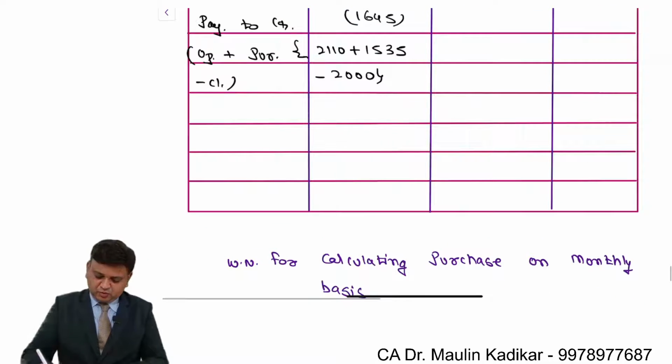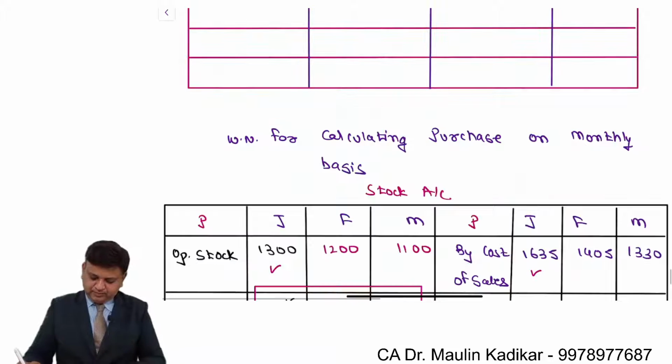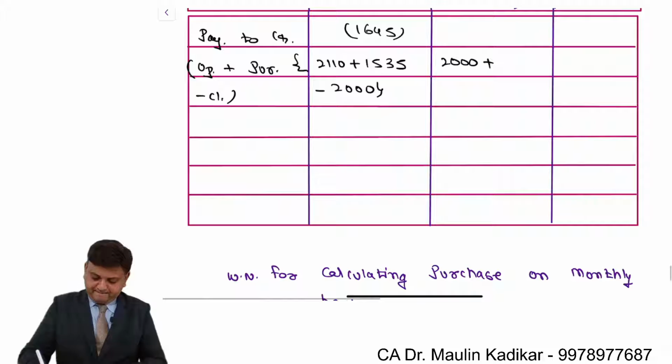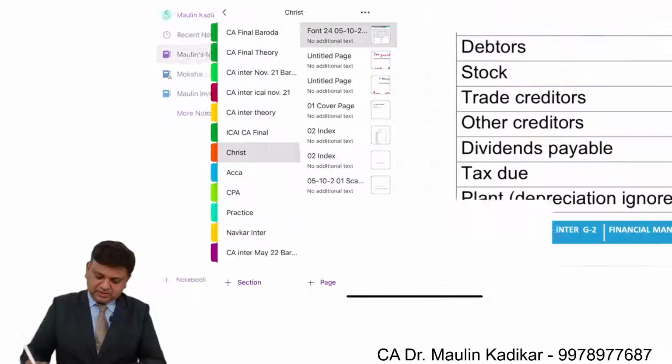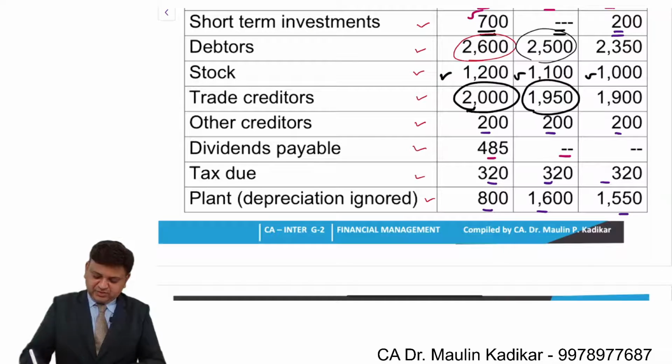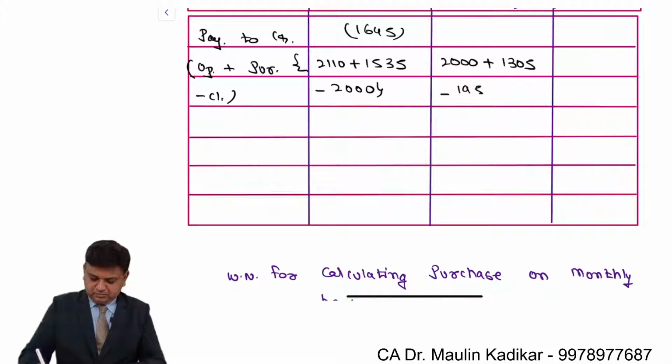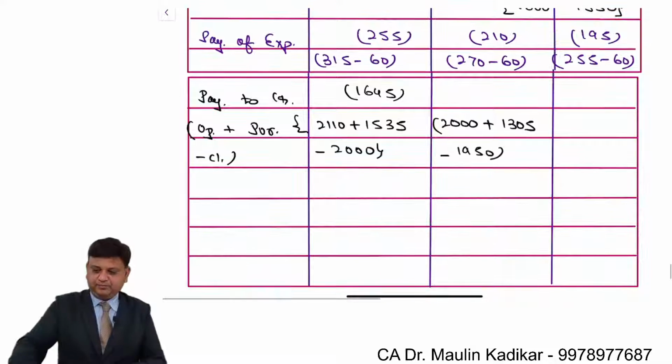Next, 2000 is opening. What is the purchase? Purchase is 1305, minus closing. The amount of the closing is 1950. So use a calculator: 2000 plus 1305 minus 1950. So 1355.